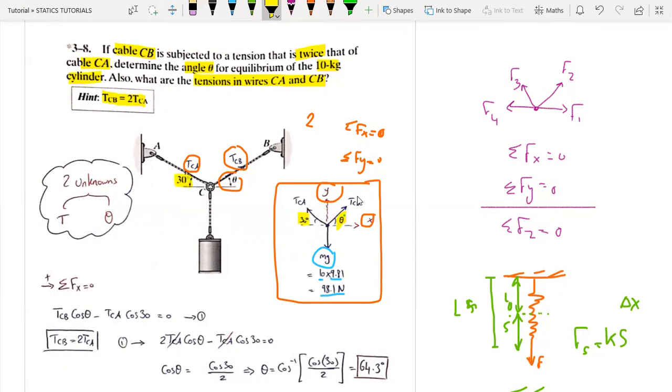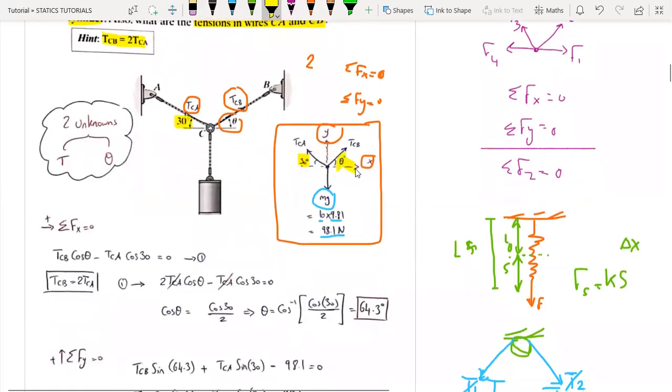We have unknowns theta, TCB and TCA. You can say we have 3 unknowns, but actually we have 2 because of the hint TCB equals 2 TCA. Or you can say 3 unknowns, and we have 2 equations here and the third equation is the hint.